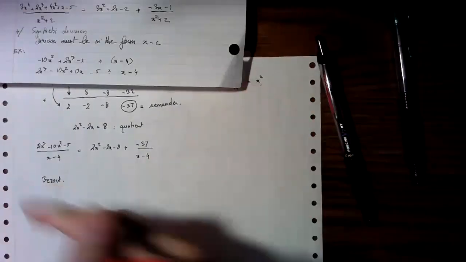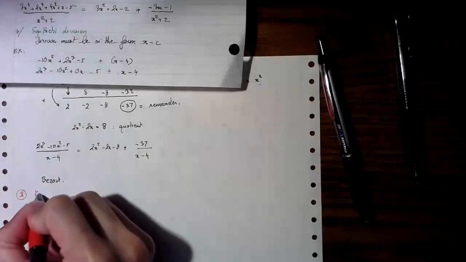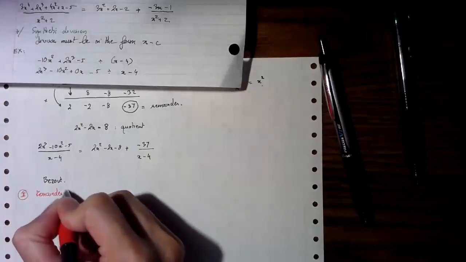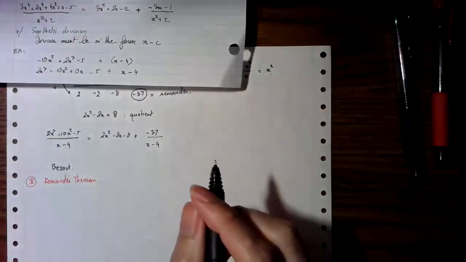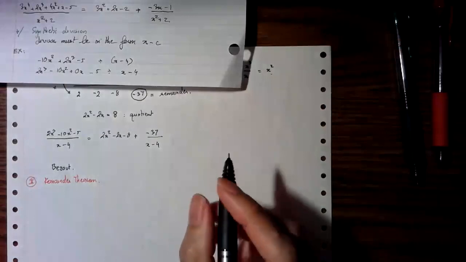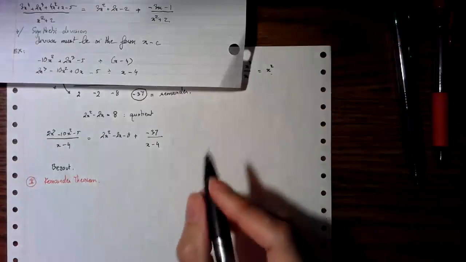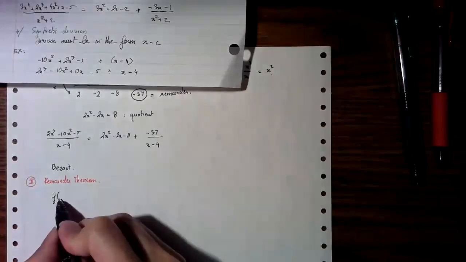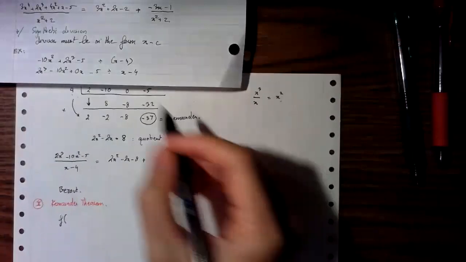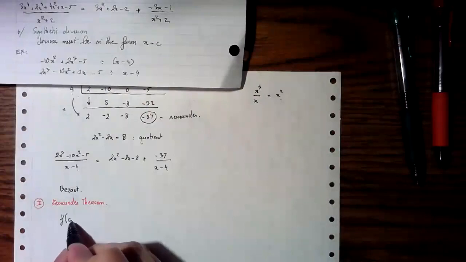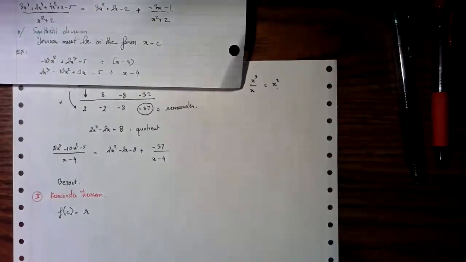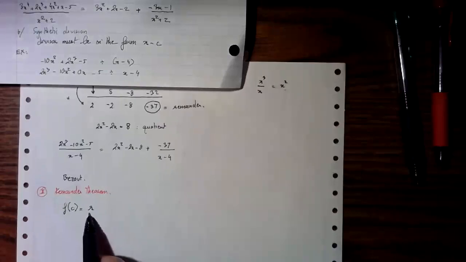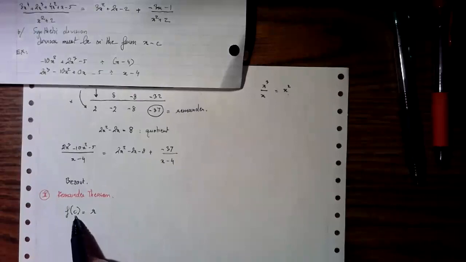So the second part, I want to talk about the remainder theorem. Bézout successfully proved that f of c, the function at the number c, is equal to r. So you see the remainder is actually the output given c as the input.